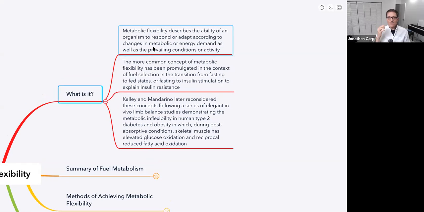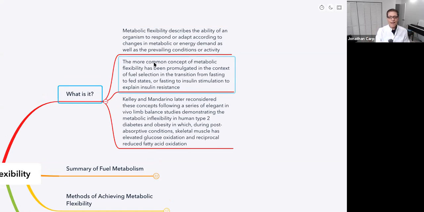When it is described in the medical literature, it's basically described as an ability of an organism to respond or adapt according to changes in metabolic or energy demand. So the ability for you to adapt based on what kind of energy your body is taking in. We're going to refine this as the lecture goes on, but essentially it's going to be between burning fat and burning sugar.